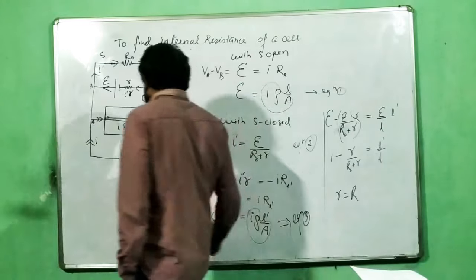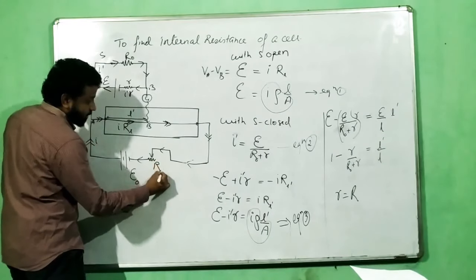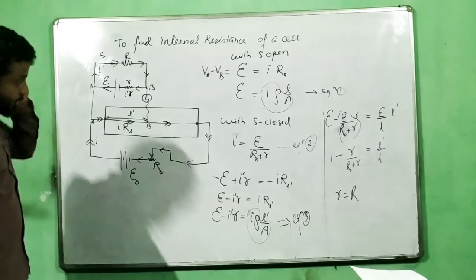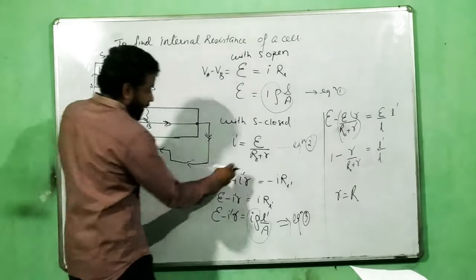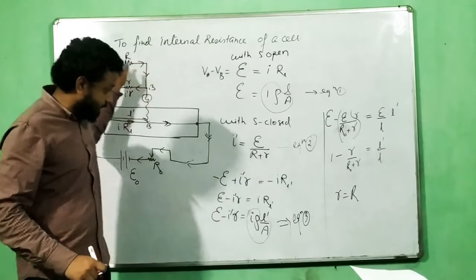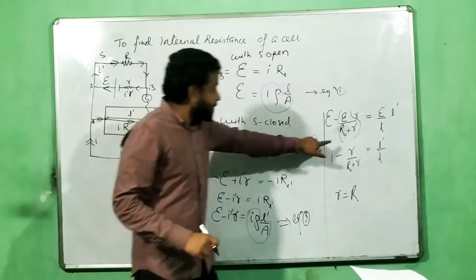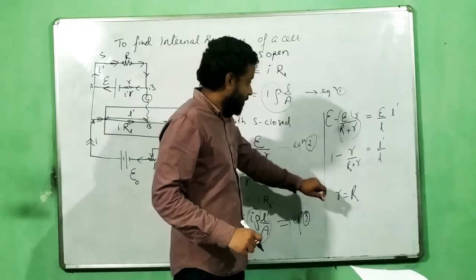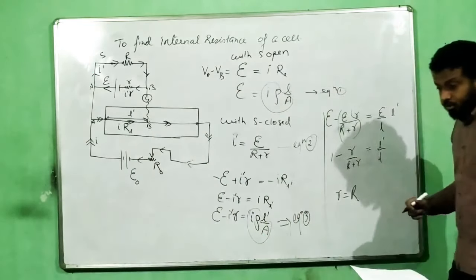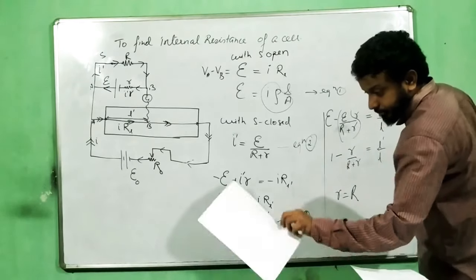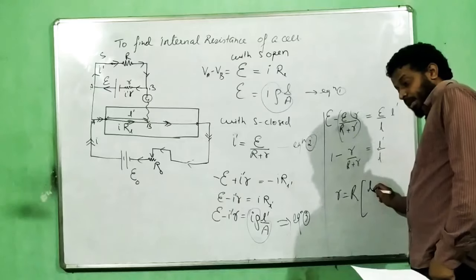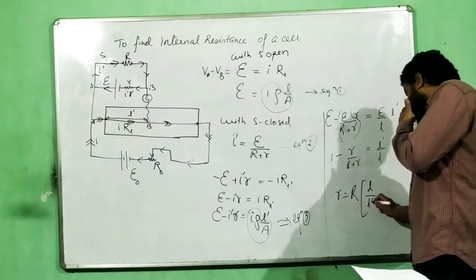In the notes I have taken this as R naught and this as R, so just make sure you are following this part. This is your R, so I am making this as R. This R appears here as R and this R appears here as R. So r will be equal to R. This becomes L divided by L dash minus 1.